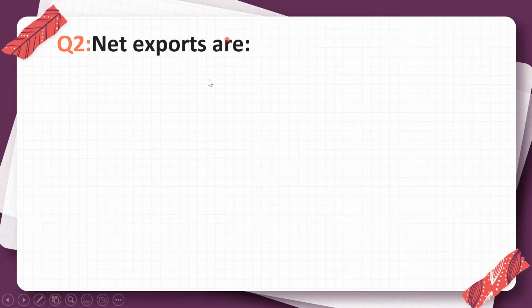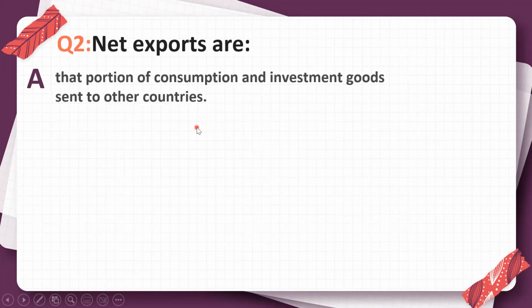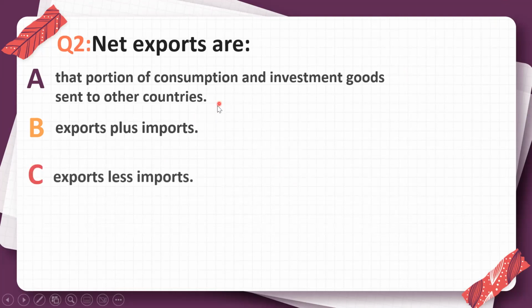Second question: net exports are... This is an easy one. The portion of the consumption and investment goods sent to other countries, or exports plus imports, or exports less imports, or imports less exports.